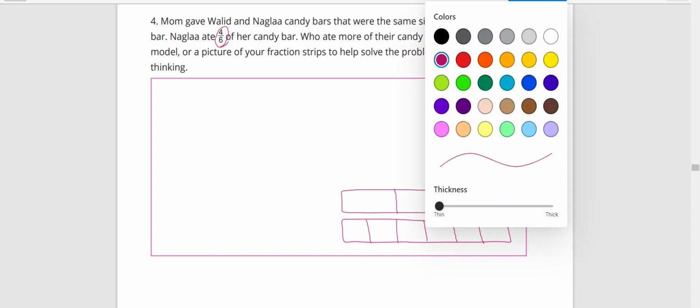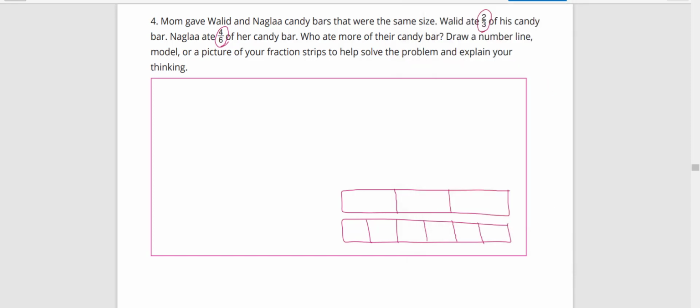Walid ate 2/3, 2 parts of 3, and Nagla ate 4/6, 4 parts of 6 parts. Now the question: who ate more of their candy bar?